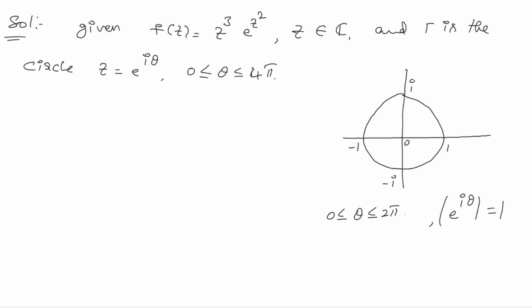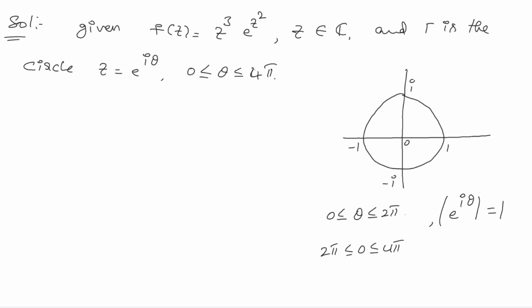But when you take the values of theta from 2 pi to 4 pi, the curve z equal to e to the power of i theta runs along the same circle, modulus z equal to 1, and in the same direction again.